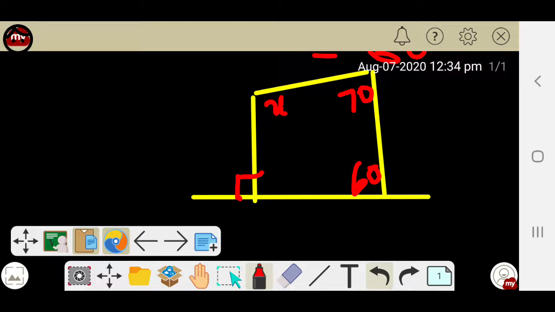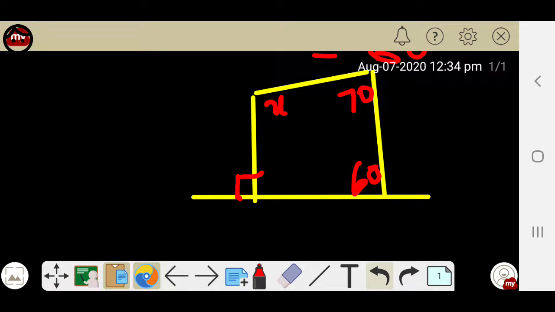The given figure is a quadrilateral, so its total sum of angles equals 360.